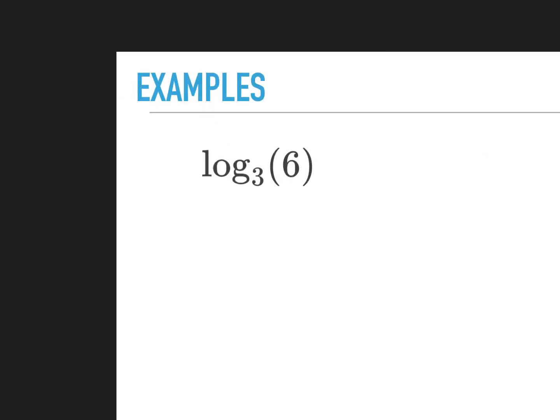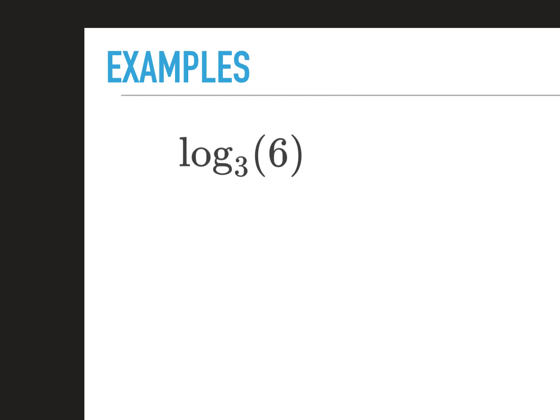Here's the problem. If you hit log 6 in your calculator, it is not the same as log base 3 of 6. You guys do not know 3 to what power gives you 6. It's not squared, because that would be 9. So you would have to use the change of base formula. What is the visually bigger number?